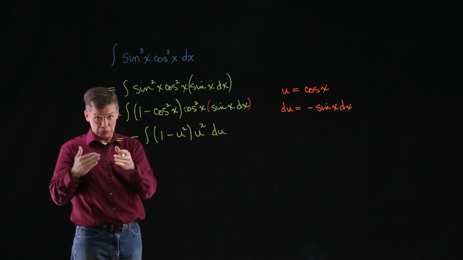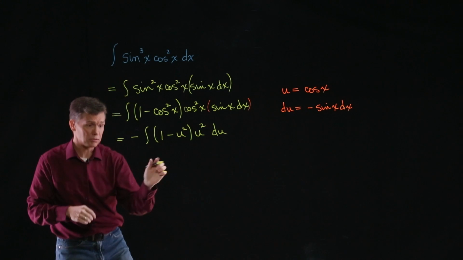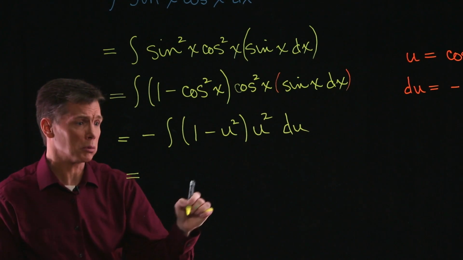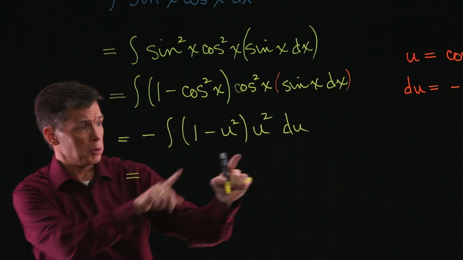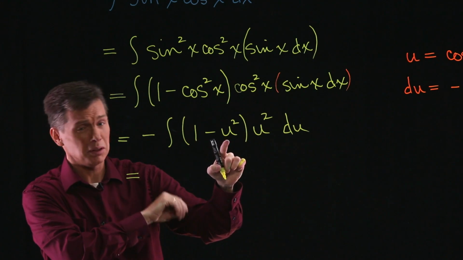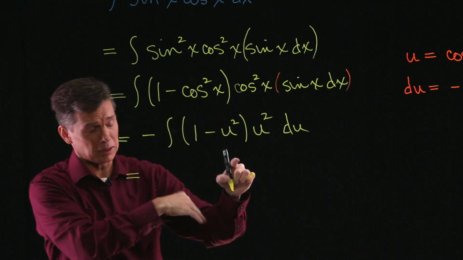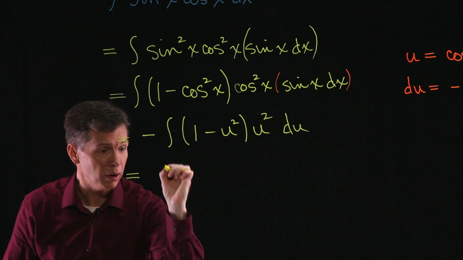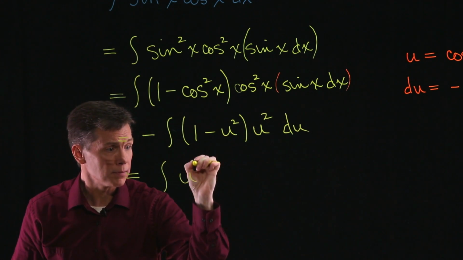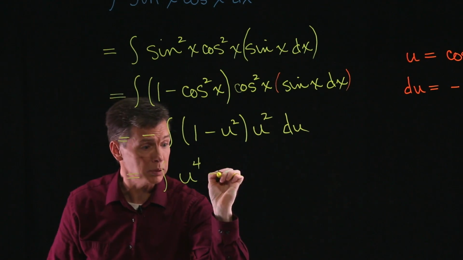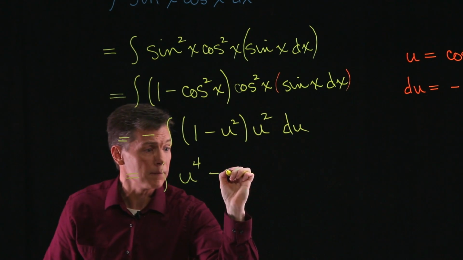And now we have a very simple integral. I think I'll distribute first, and we'll end up just with a couple power rules. I'm going to distribute and get a u squared minus u to the fourth. If you don't mind, I'm going to push the minus sign back in, actually. I think I'd like this u to the fourth to be positive. A little bit of algebra. And so then this u squared will end up being minus when I distribute that.